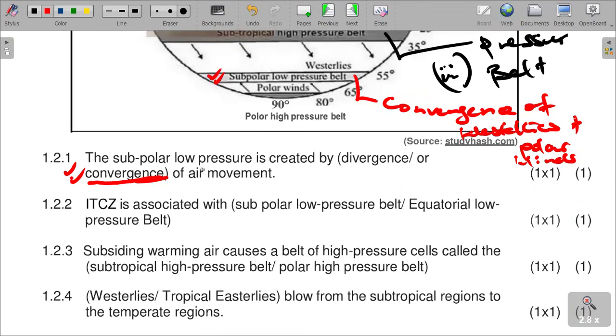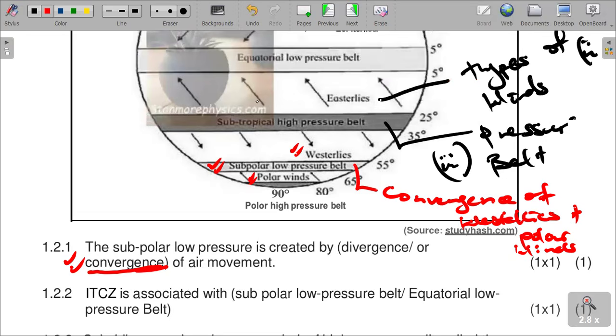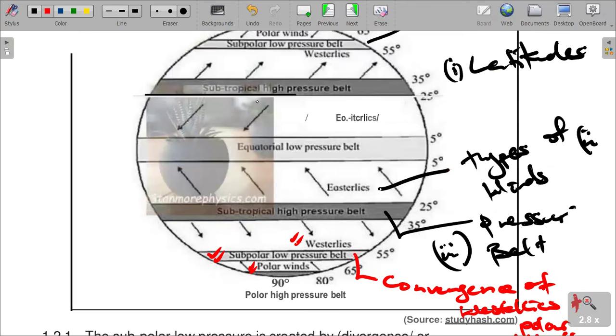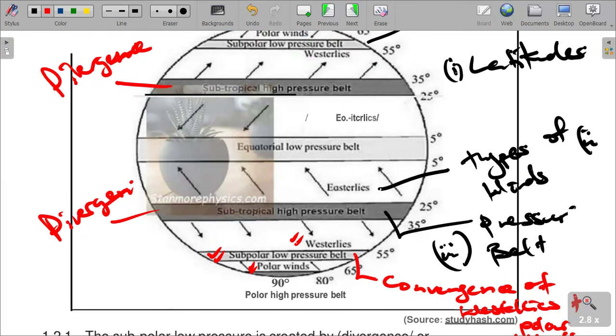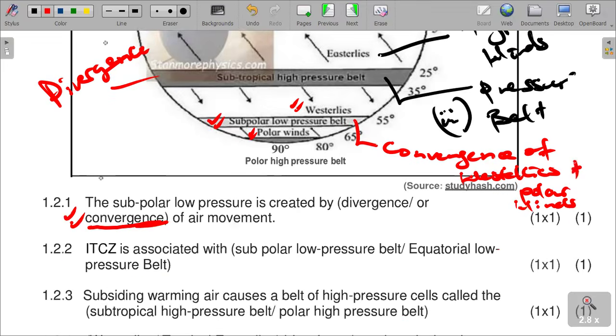It is convergence of this air mass and that other air mass. When they move towards each other, we have the subpolar low pressure belt. But the subtropical high pressure is divergence. So that must be known.